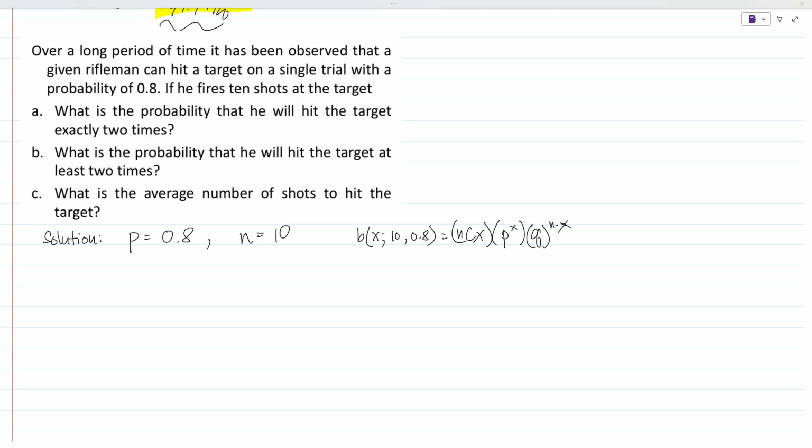Then, doon tayo sa A. Sabi sa A, ano yung A? What is the probability that he will hit the target exactly 2 times? So, we have x. Probability of x equals to 2.